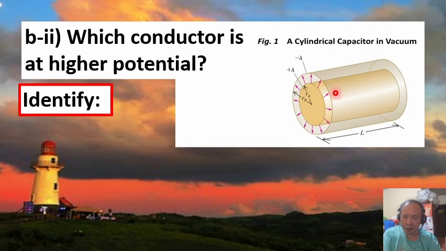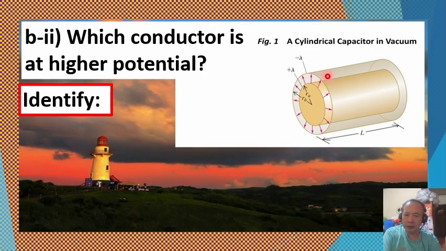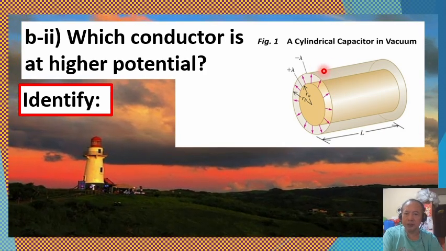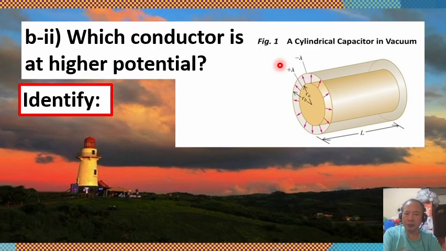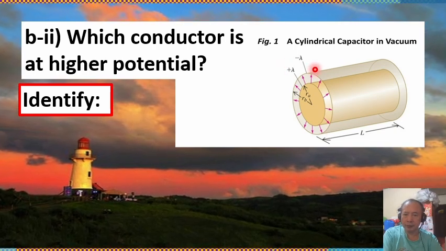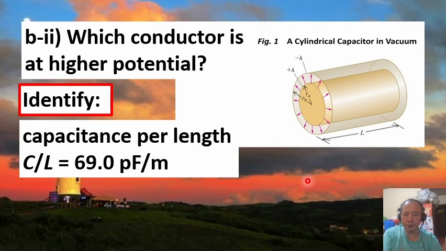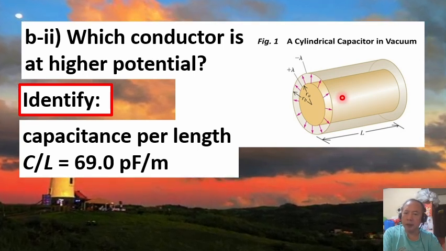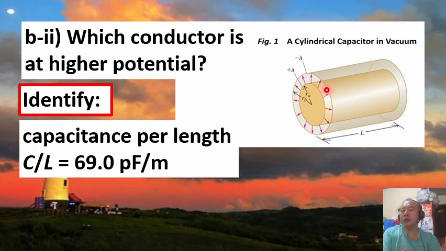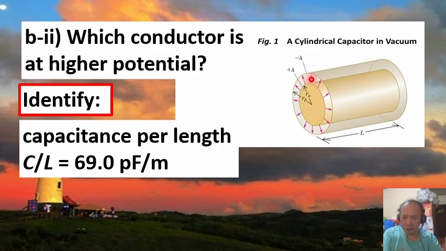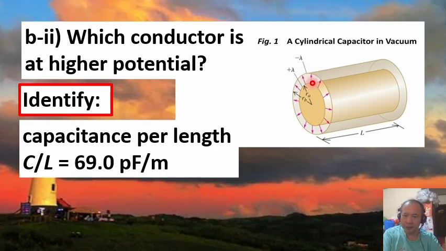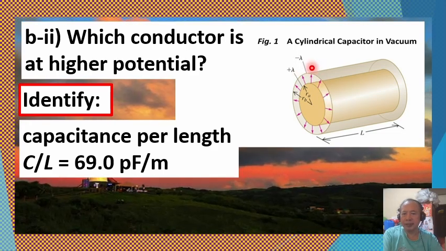Indicated here is the linear charge density, lambda. For the outer conductor, the linear charge density lambda is negative.